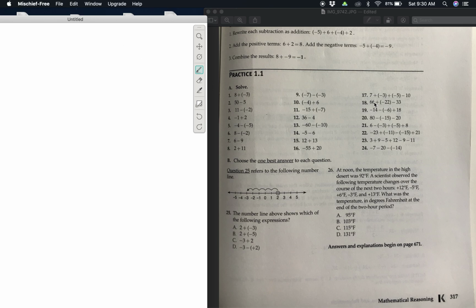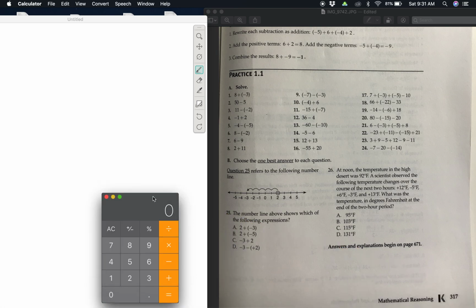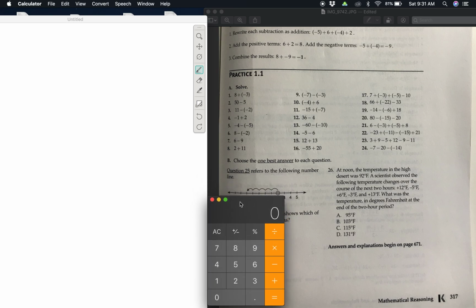Okay, number 18, 66 plus -22. So this is the negative sign right here, guys, right next to the AC.